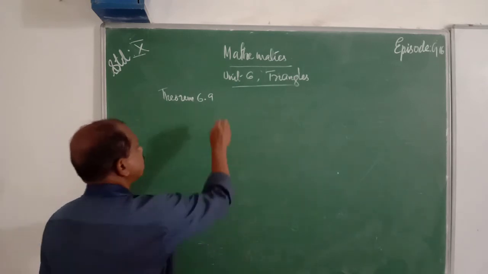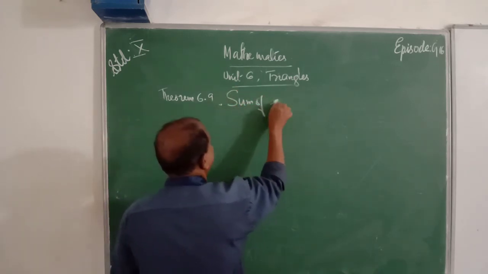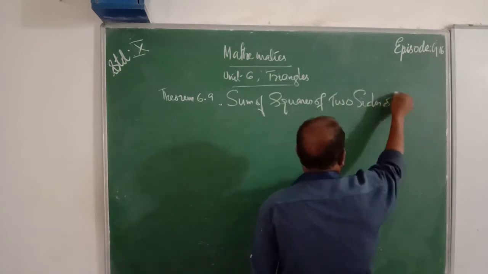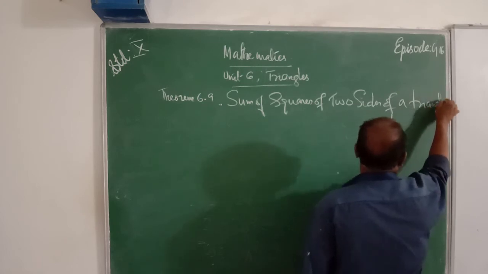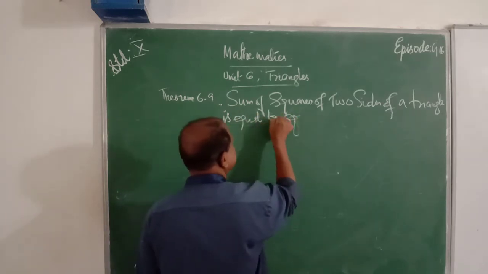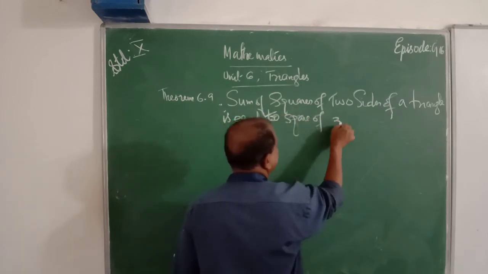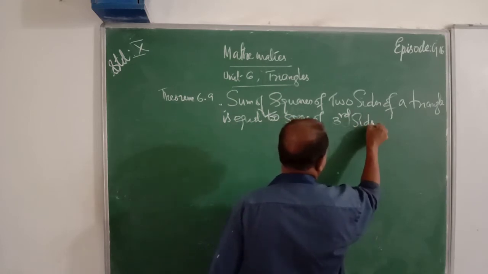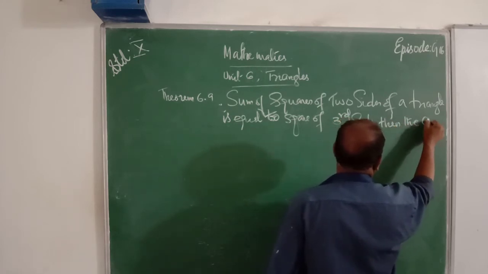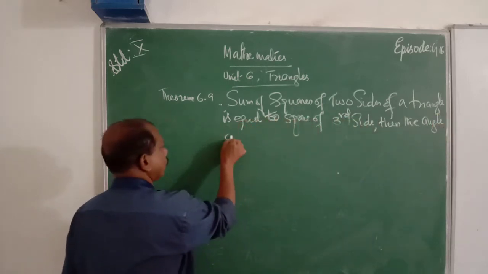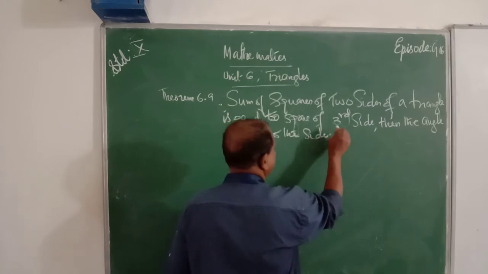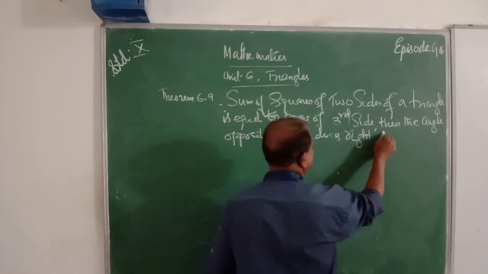That is the converse. That means if the sum of squares of two sides of a triangle is equal to the square of the third side, then the angle opposite to that side is a right angle, or 90 degrees.